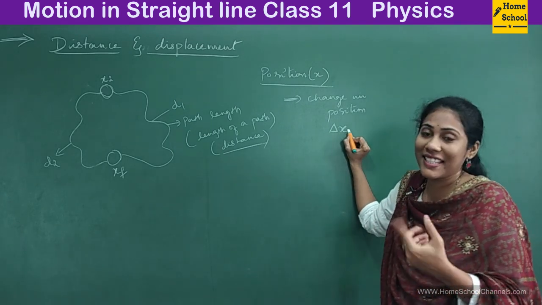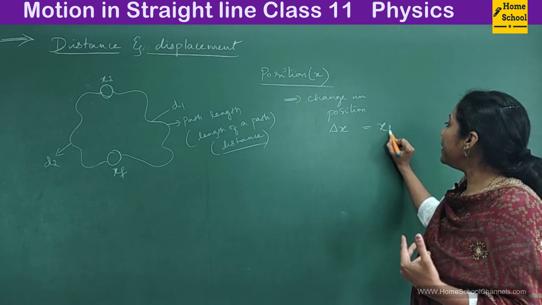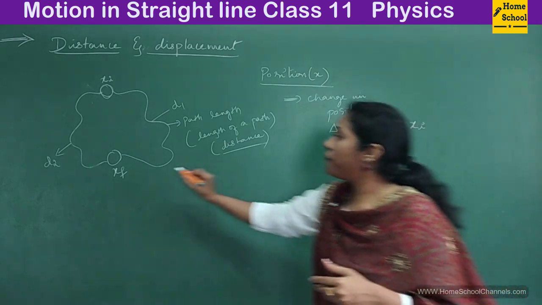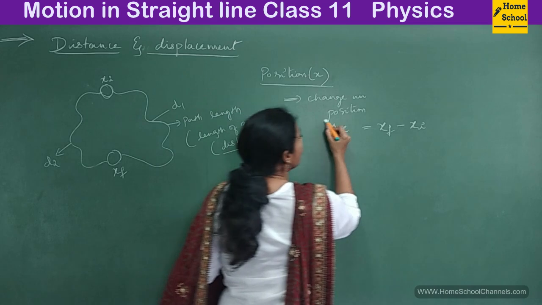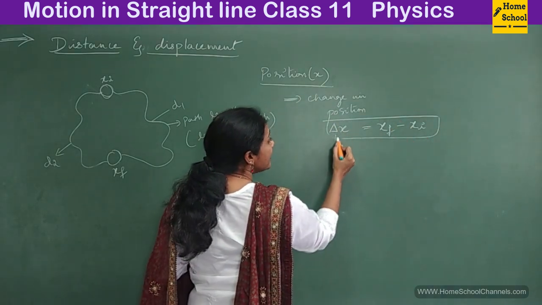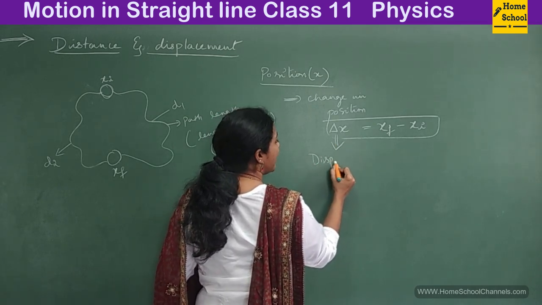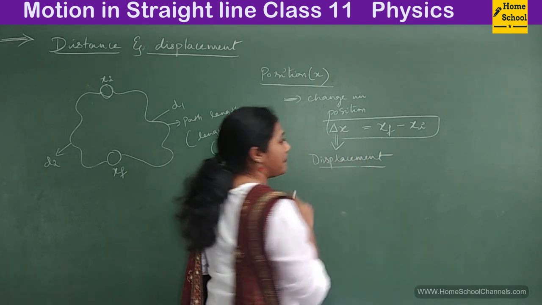Change in position is delta x, which is equal to final minus initial, so final position minus initial position. This is how we normally calculate displacement.